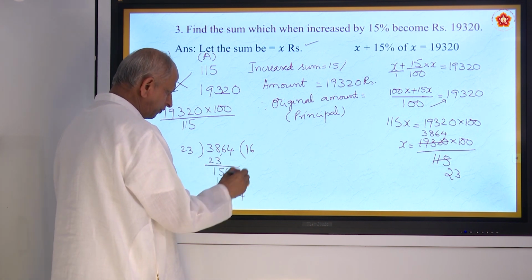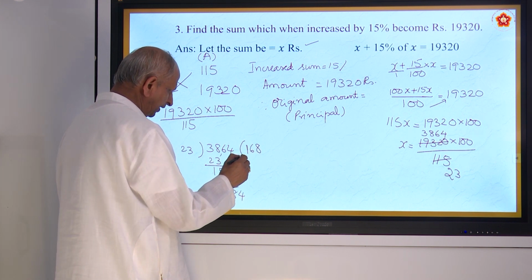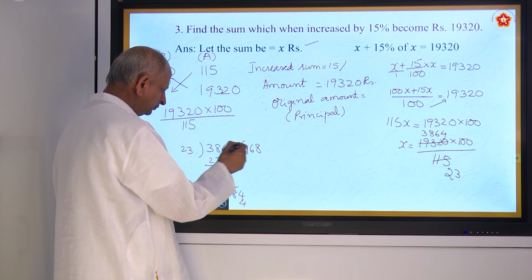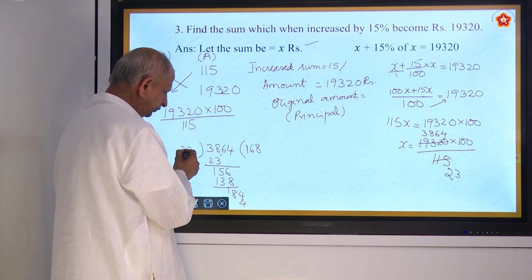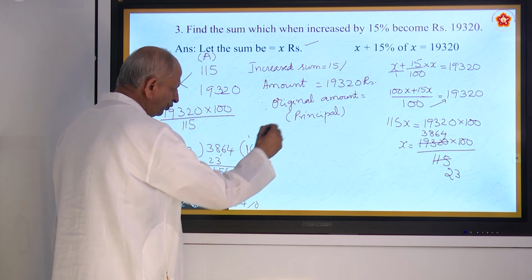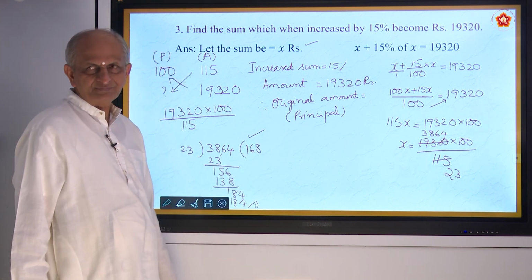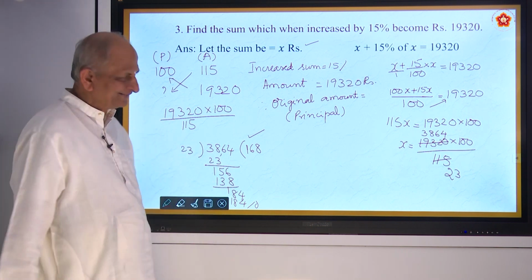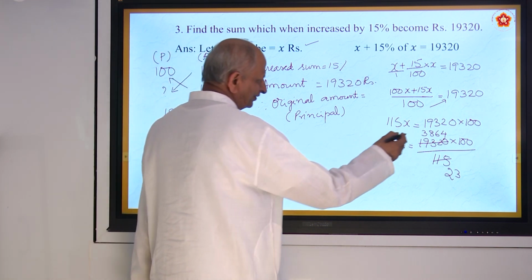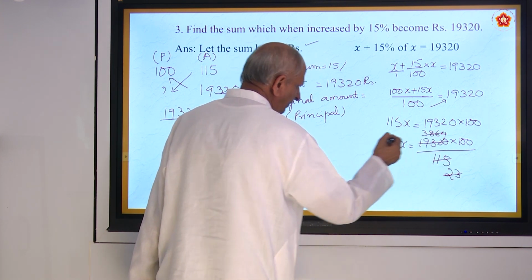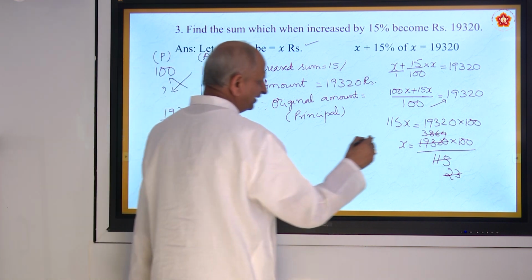Take that 4. Shall we try with 8? 8 3s are 24, 8 2s are 16 plus 2 18. Okay, so we get a beautiful answer. Come on, clap. Clapping. Okay. So you had 3864. This will cancel completely by how much? 168 times.